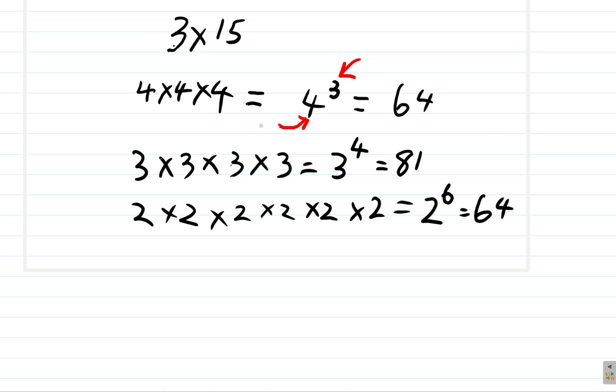The 4 is what you call the base, and 3 is what you call the index. And all of this, 4 to the 3, is in exponential form, right?